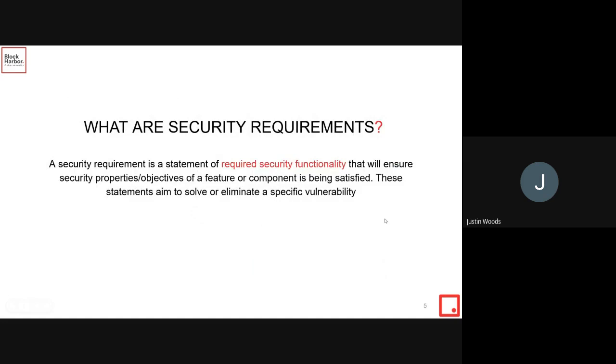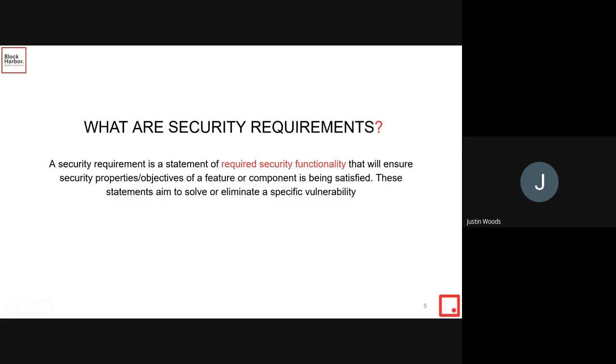So what exactly are these requirements again? A security requirement is a statement of required security functionality that will ensure security properties and objectives of a feature or component are being satisfied. These statements aim to solve or eliminate a specific vulnerability. So in our world of cybersecurity and TARAs, we'll complete those TARAs and then come up with the attacks that might be possible to have some damage scenario play out.